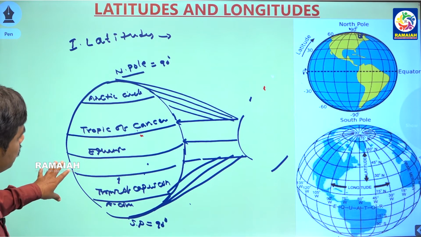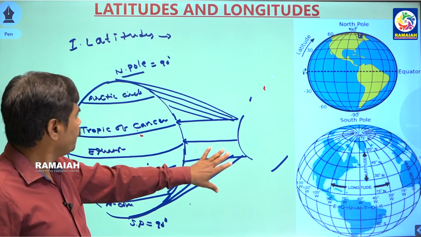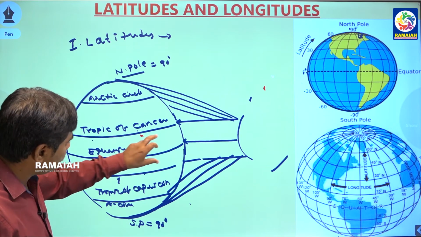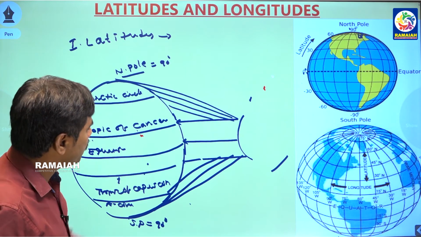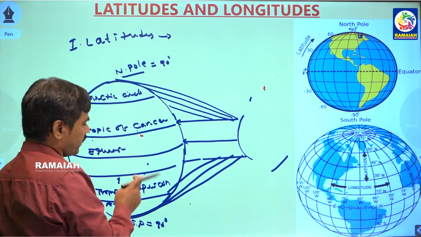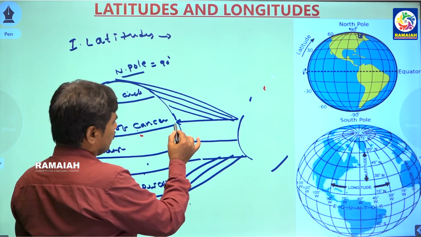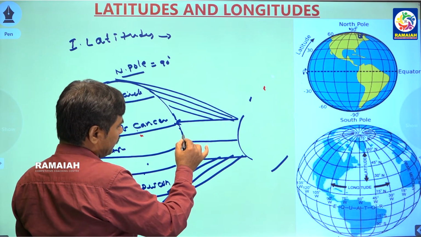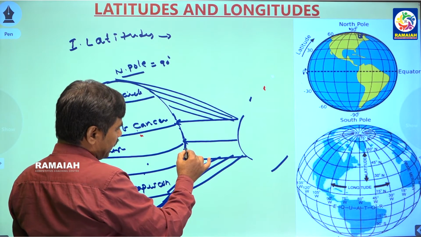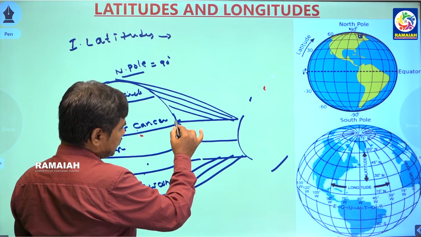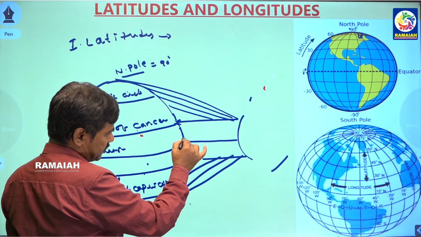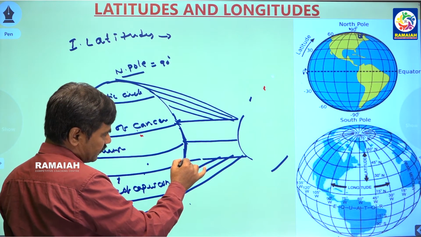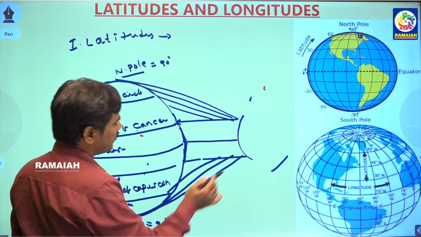Now you can observe that this area is very near to the sun compared to the upper part and lower part. Because of the Earth's swelling here, this area is very near to the sun.